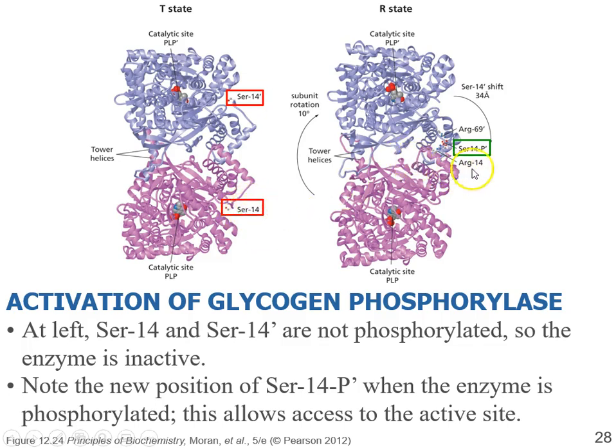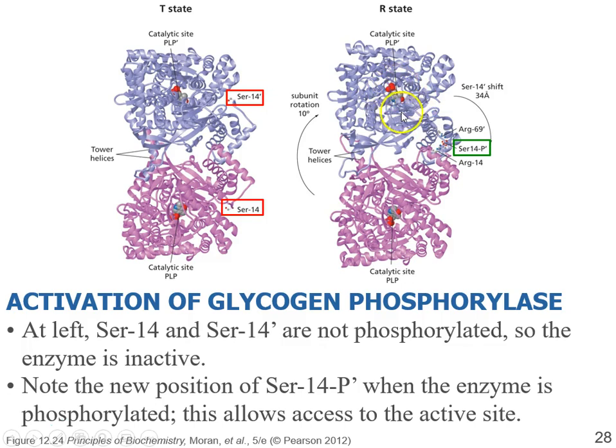Serine 14 was way down here, but once it becomes phosphorylated, it's way up here, and that causes a conformational change that converts the enzyme from the T form to the R form.